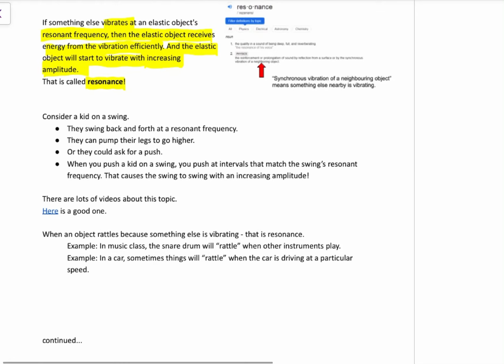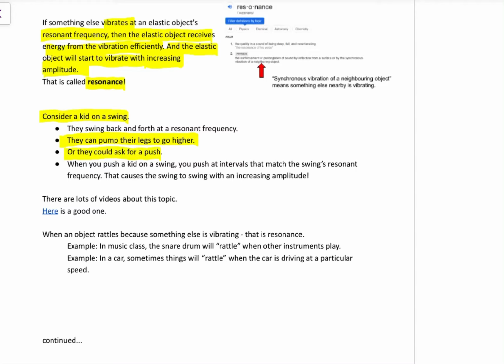A common everyday world example is, imagine you take a kid to a swing, or imagine when you were a kid on a swing. You can go higher by pumping your legs, and if you think about it, you pump your legs in a particular rhythm or frequency to make yourself go really high. That's increasing amplitude. Or the kid on a swing could ask for a push.